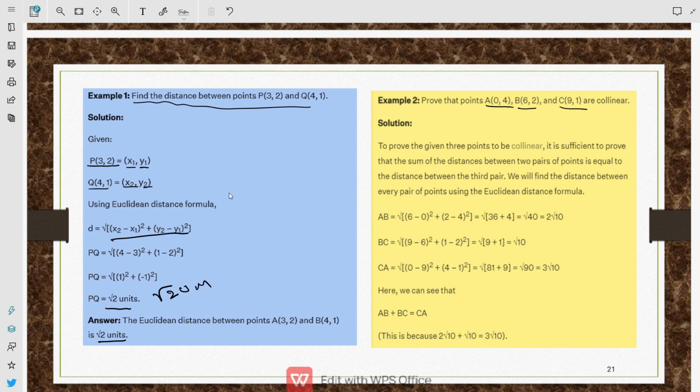First of all, assume that these are x1, y1, x2, y2, and x3, y3.